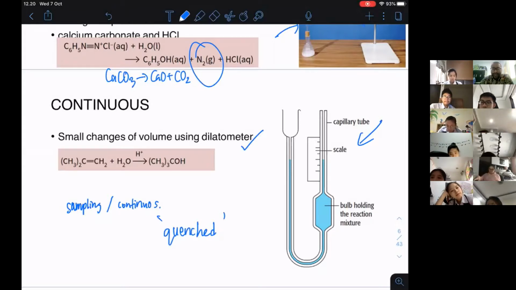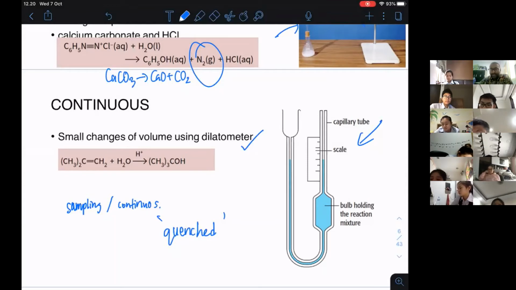So that is sampling: a small sample taken at a certain duration of time. Continuous is where we don't take out the sample, we just measure or monitor throughout the reaction. We don't need to take out anything, just a collection of gas, colorimetry to find out the changes in color, or electrical conductivity to see whether they conduct electricity or not.